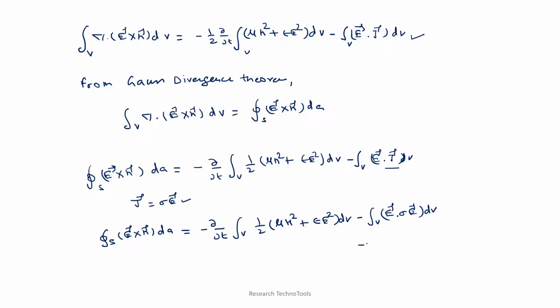So this term becomes sigma E vector dv. So this is our final equation. We have derived it here.